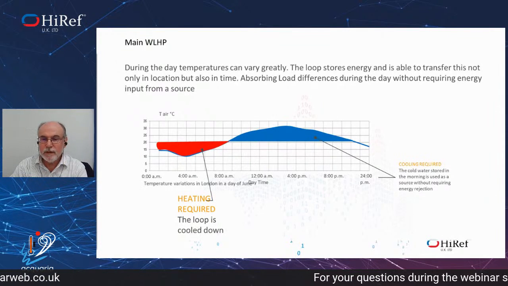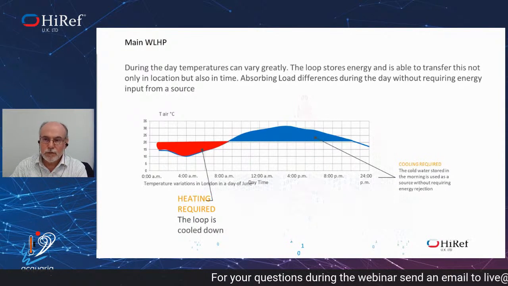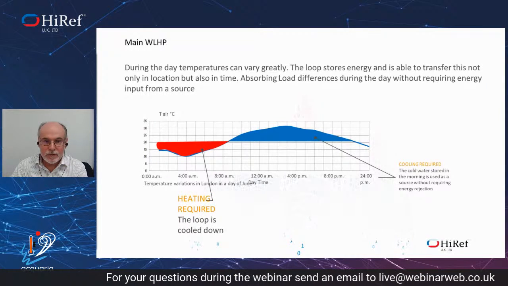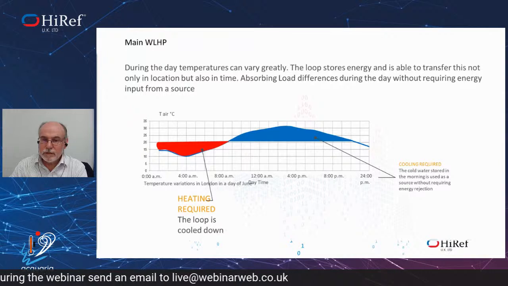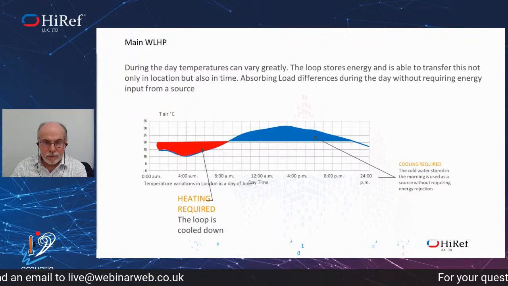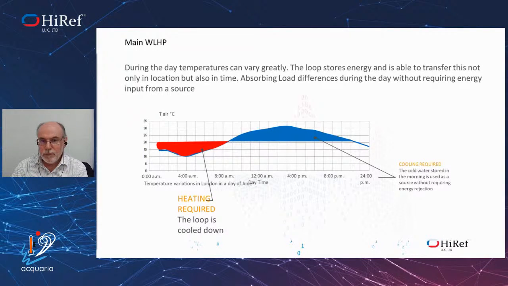And normally you're looking at it controlling between 18 and 30 degrees. But it gives you all of that inertia. So when you've got that water going around that loop, you've got inertia for a long period of time, depending on how the loop is sized.